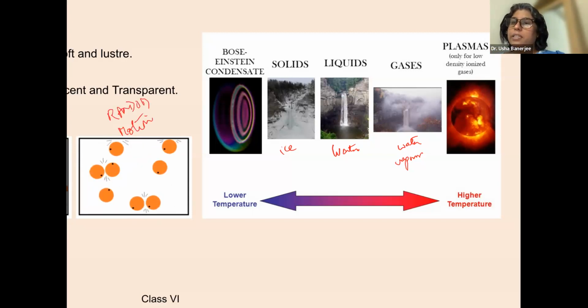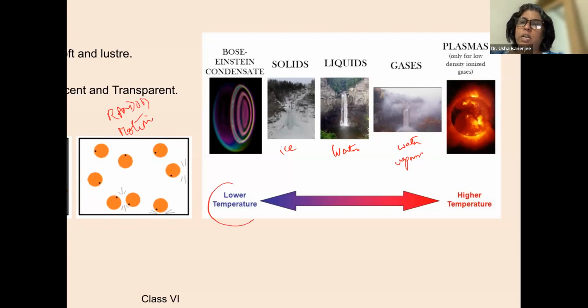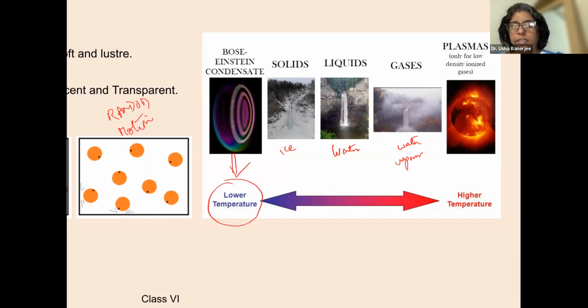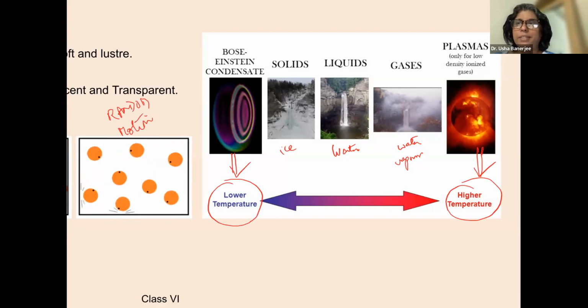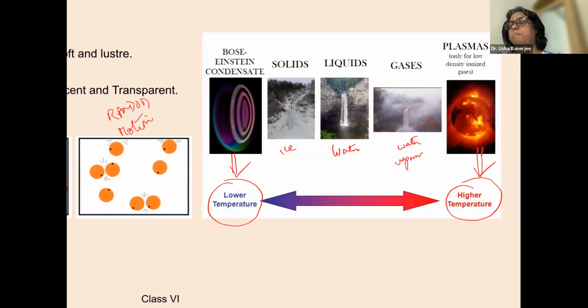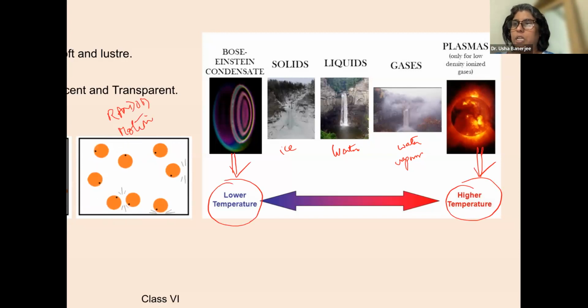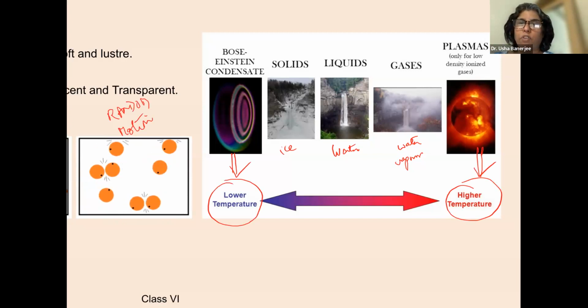Now, if you see there is an arrow here. So Bose-Einstein condensate is the lowest temperature state of matter, and plasma is the highest state of matter. So plasma, the best example is the sun, it contains plasma. So plasma typically occurs at very high temperatures, and it is nothing but low density ionized gases.